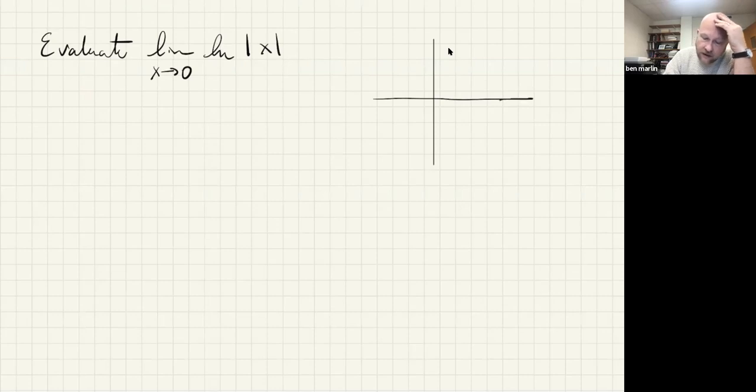And I'm going to be totally unimpressed with my drawing skills. Yeah, there we go. But that's what the log of x should look like, right? So then if I talk about the absolute value of x, that should take the picture of the positive side and draw it exactly over on the negative side.